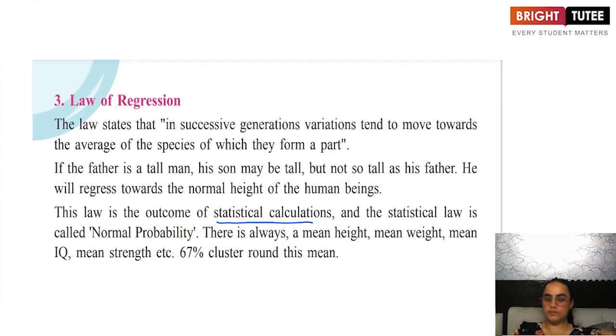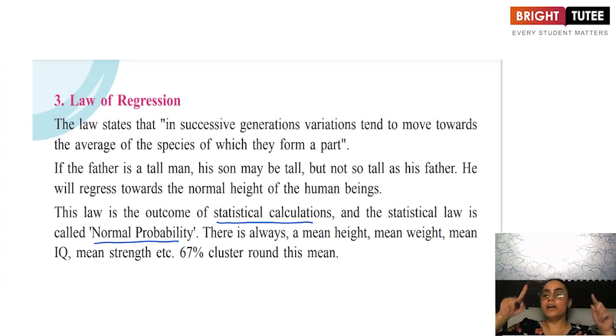And this law of statistics is known as normal probability, which means that there is always an average height, there's always an average mean, there's always an average IQ, there's always an average strength, there's always an average intelligence, there's always an average beauty.